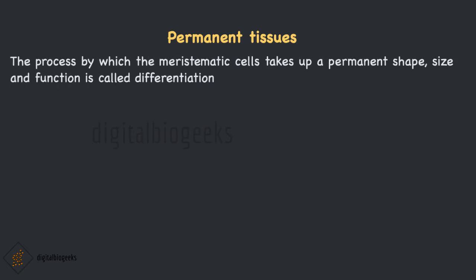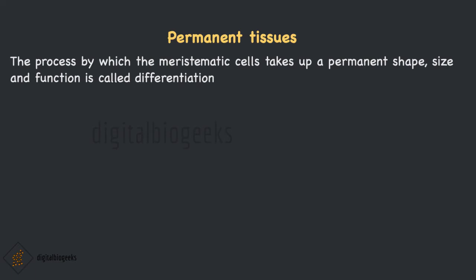The process by which the meristematic cells take up a permanent shape, size and function is called differentiation. That means meristematic cells take up a permanent shape and perform a specific function. After that, they do not have the capacity to divide, and this process is known as differentiation. Examples of permanent tissues are xylem and phloem.